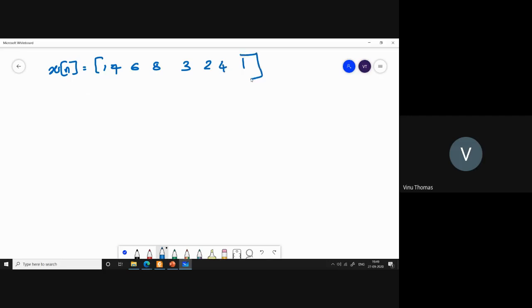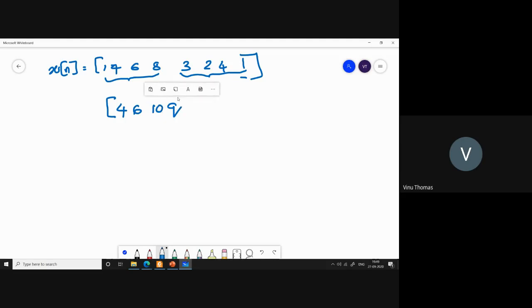So the first half of the input signal is this 1, 4, 6, 8, and this being the second half of the input signal, 3, 2, 4, 1. So now you have a new sequence which is obtained by adding the first half of the input signal to the second half. So 1 plus 3 being equal to 4, 4 plus 2 is equal to 6, 6 plus 4 is equal to 10, and 8 plus 1 is equal to 9.